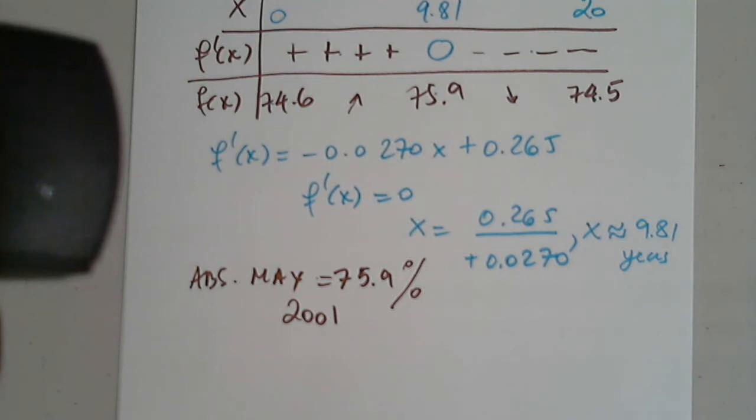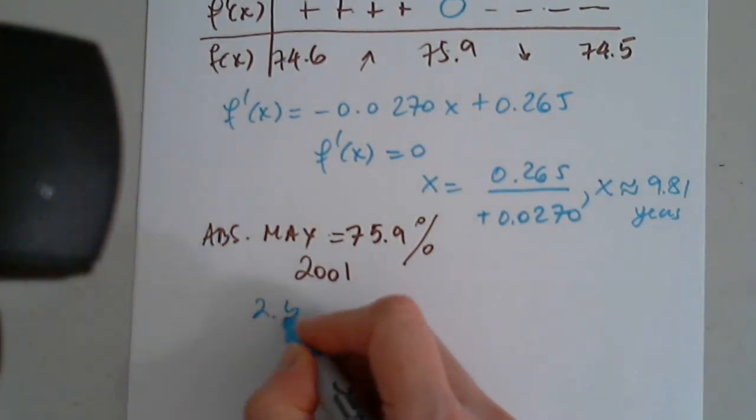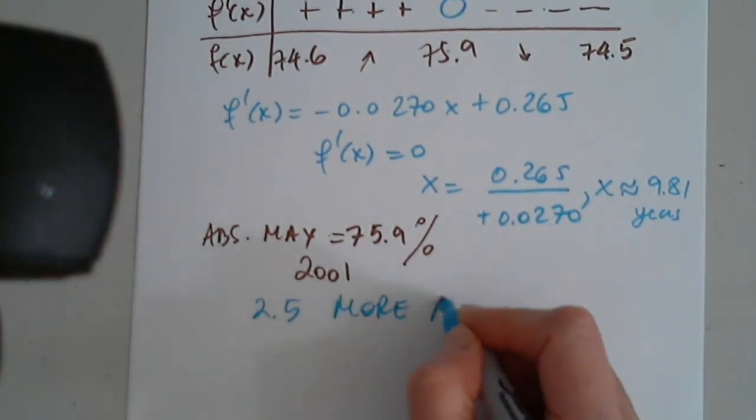And then we have a last section, which is 2.8. So we have 5 minutes left. So let's look at another application in 2.5. More applications.